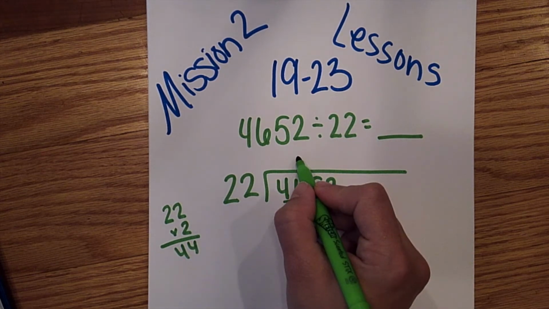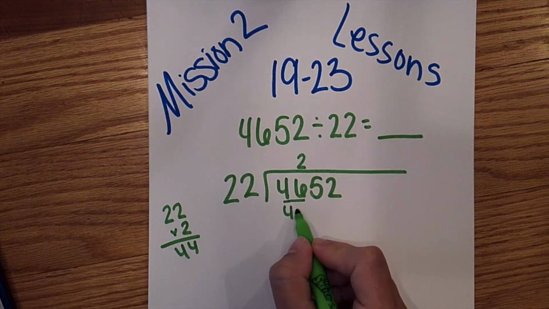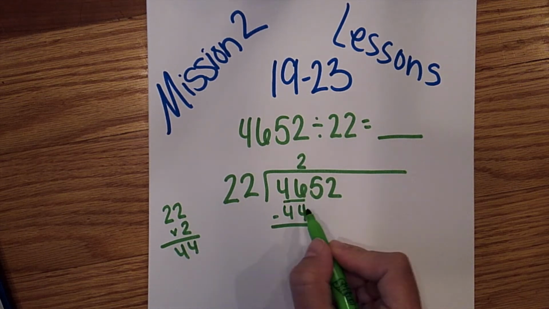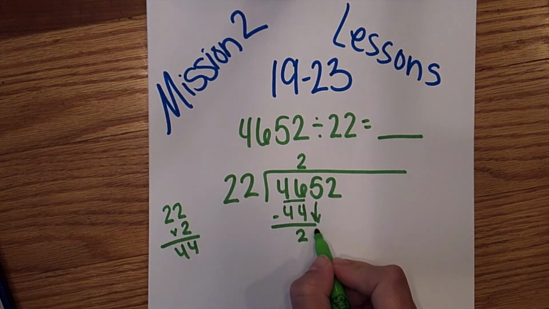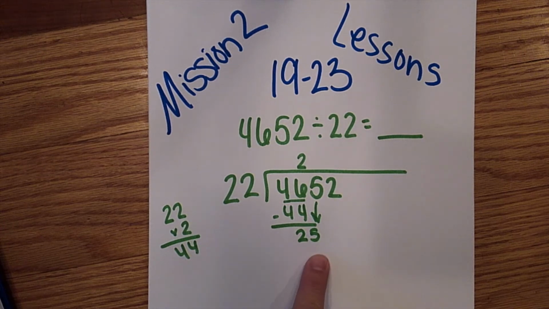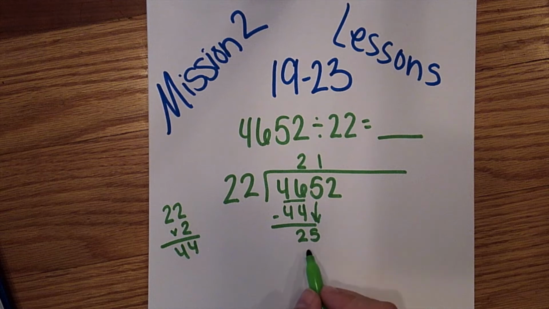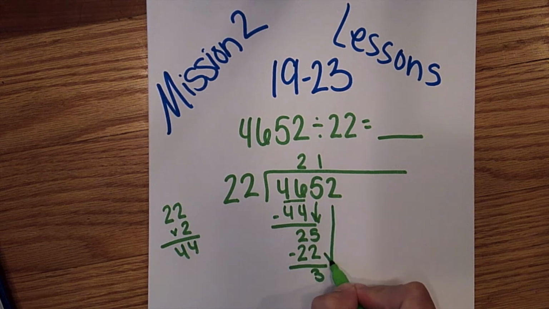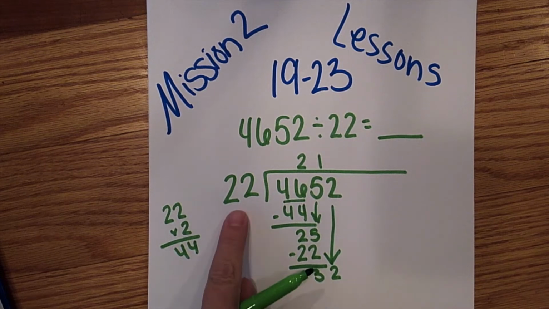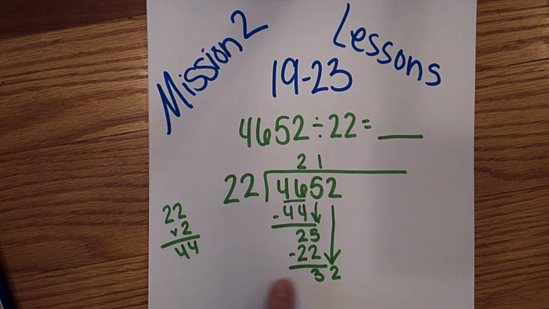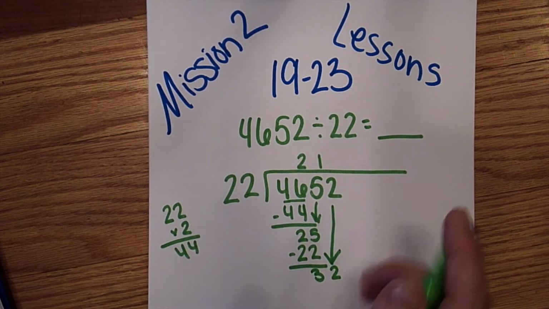So let's use 2. 6 minus 4 is 2, and I'm going to bring down that 25. Well, 22 and 25 are still relatively close, so that's only one group of 22. 22 is one group, 44 is two groups, so I'm going to have to stick with one group.